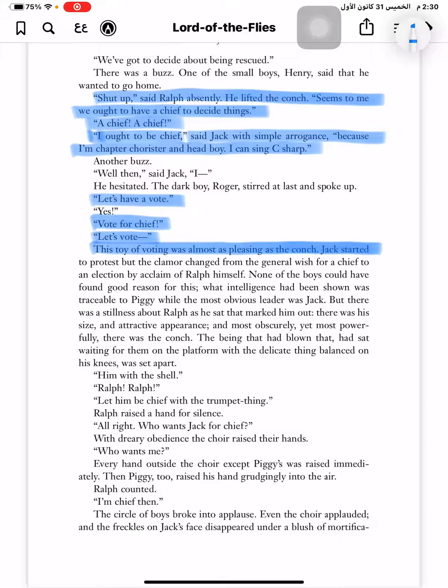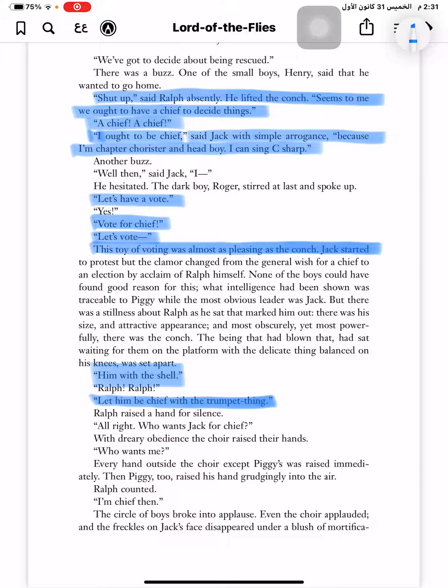The other boys' behavior really indicates a sense of boys, only boys. They behave in just a natural way. So when they said "him with the shell," here the narrator is very clever to indicate that it is just like a game for them, but the underlying meaning is that the boy who has some sort of power, just like the shell, is the one who can attract the other boys' attention.